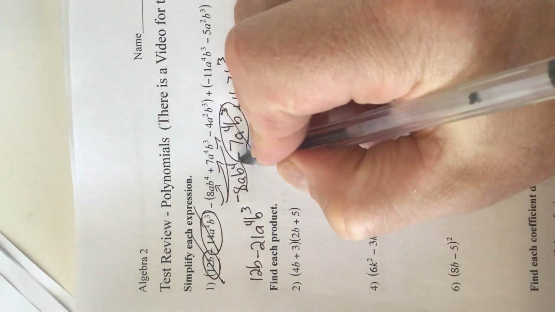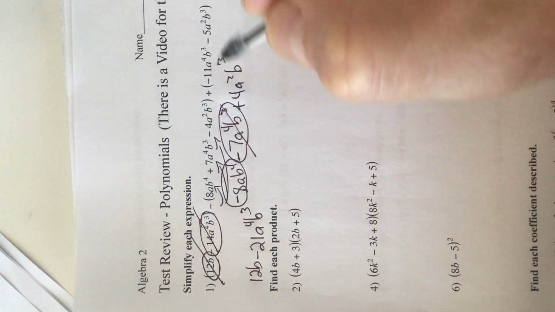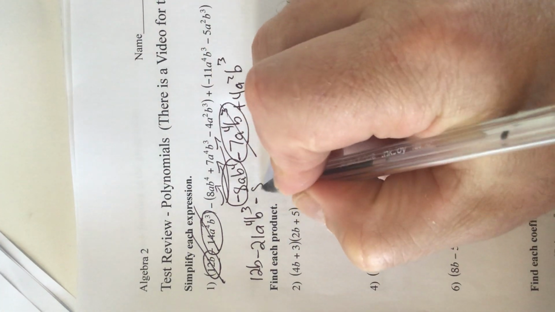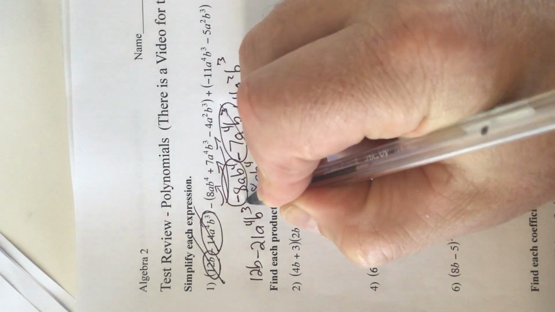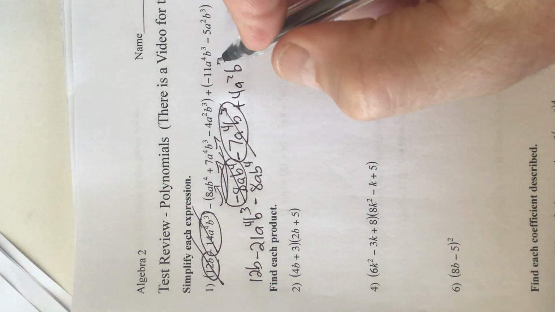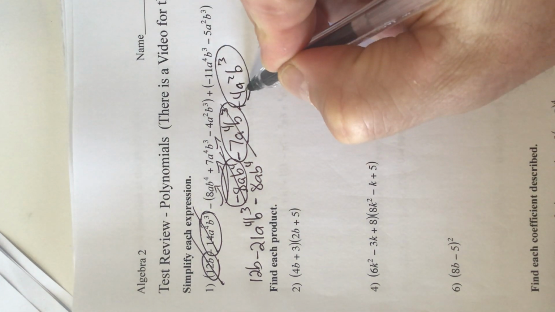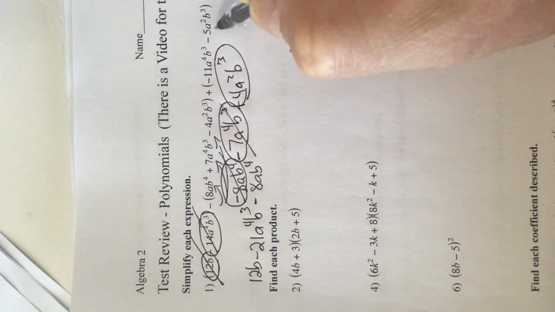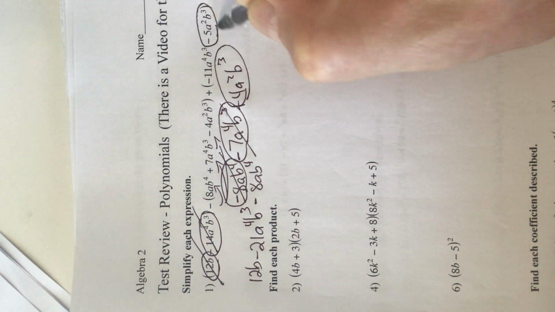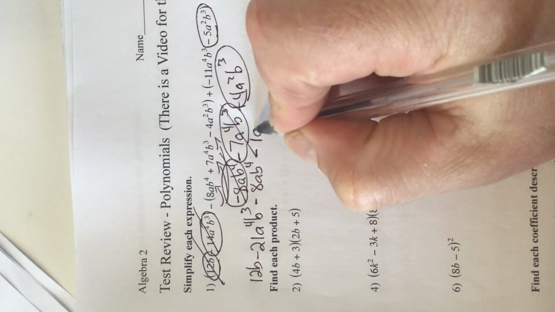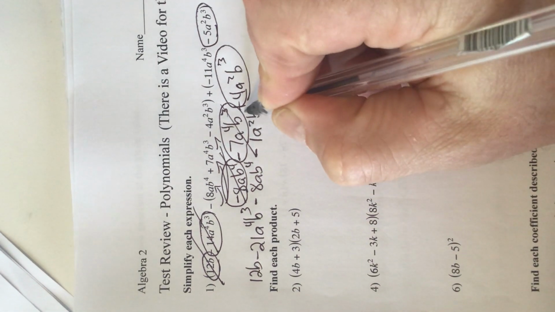Then I've got a b^4. Looks like that's it. So minus 8ab^4. That one's done. And then I've got a squared b^3. There's another a squared b^3, so positive 4 and minus 5 will be negative 1 of those a squared b^3s.